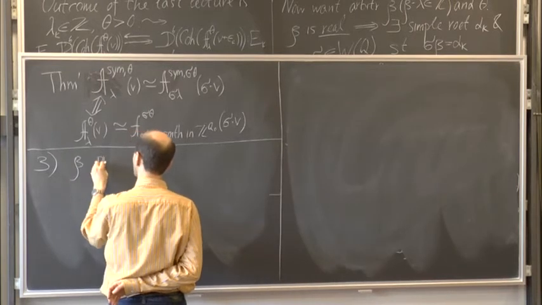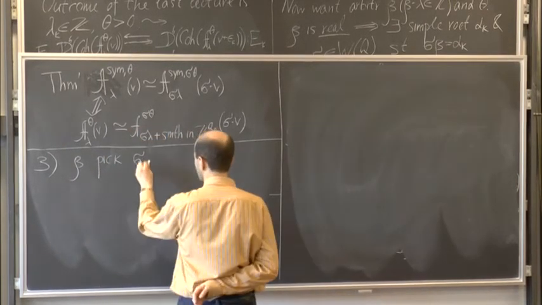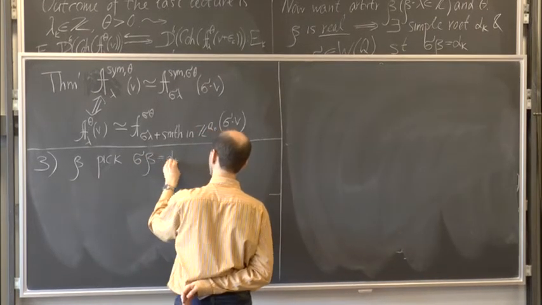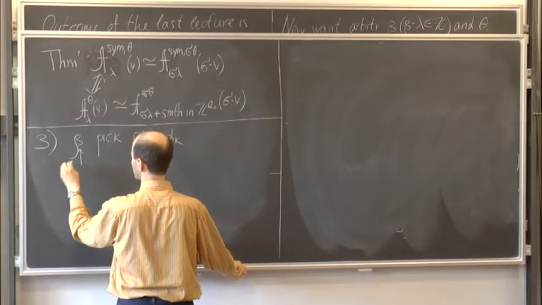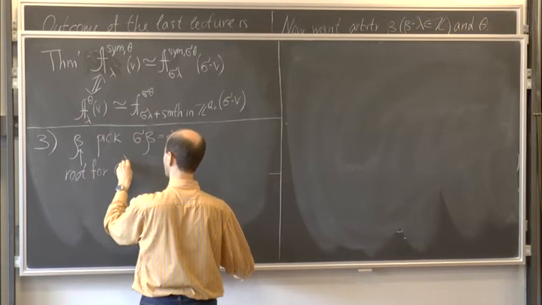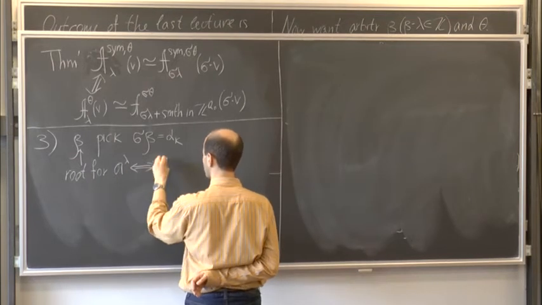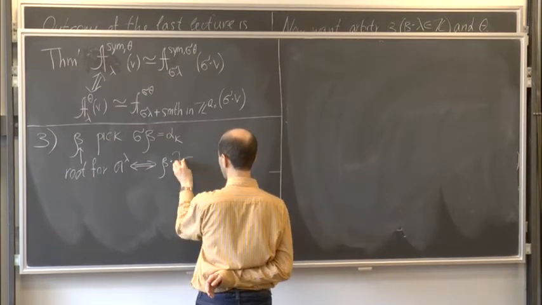I pick sigma such that sigma beta is a simple root. Now beta was a root for lambda, meaning that beta dot lambda is an integer.